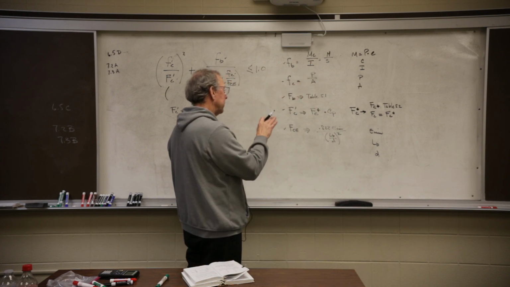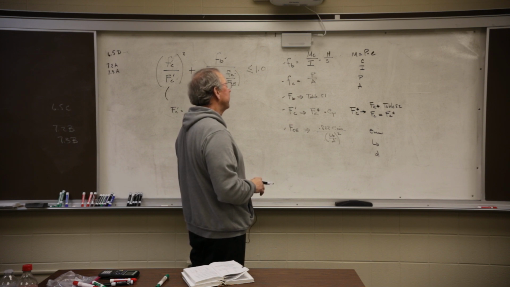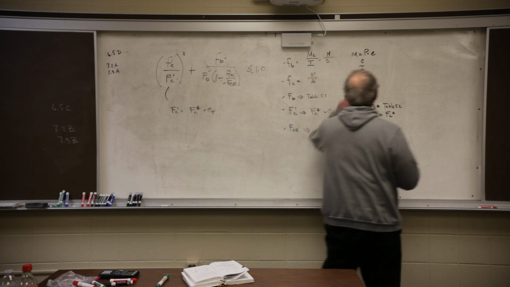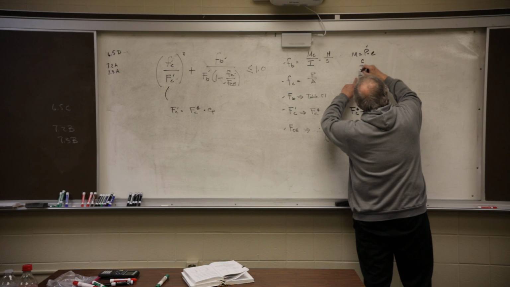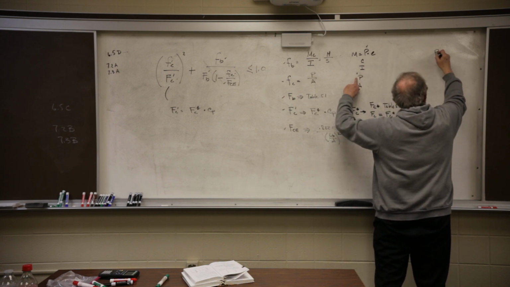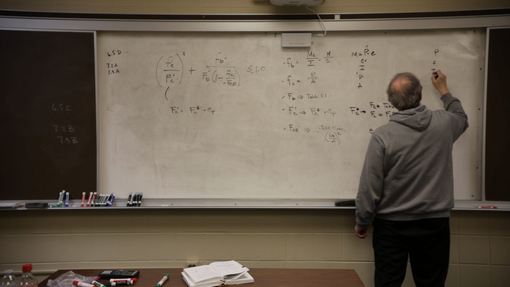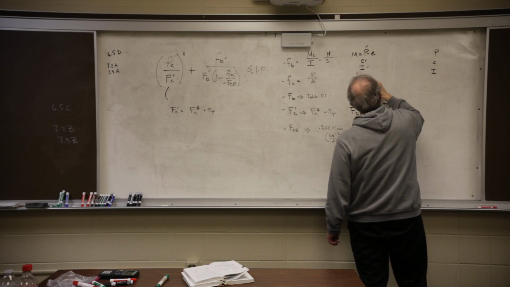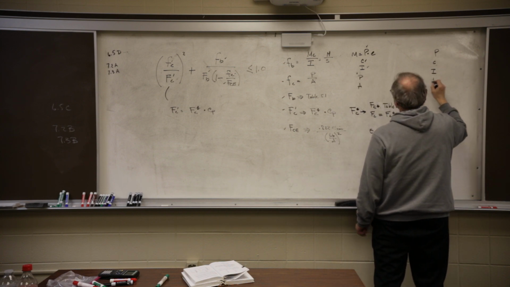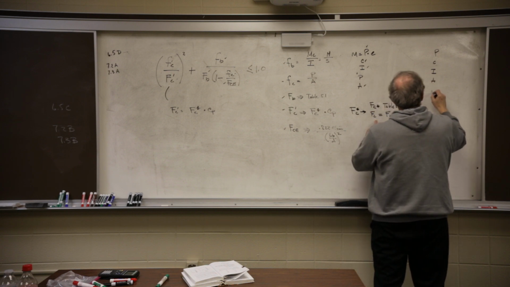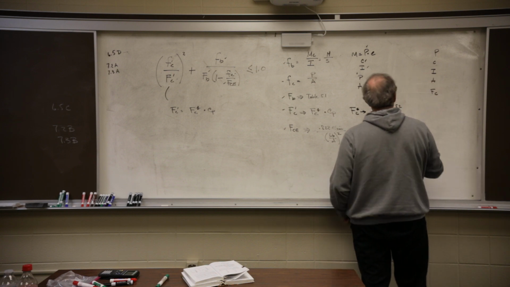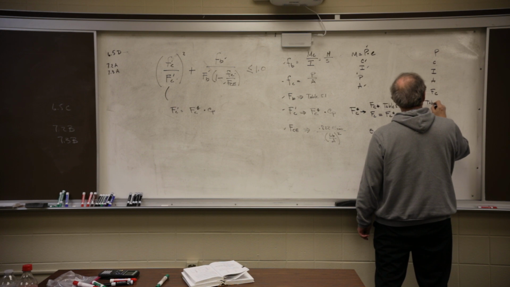Looks like I'm in pretty good shape right down that list. So I need P. There's P. P is here and here. I need C. I need I. I need A. I need FC. I need table 5.2.